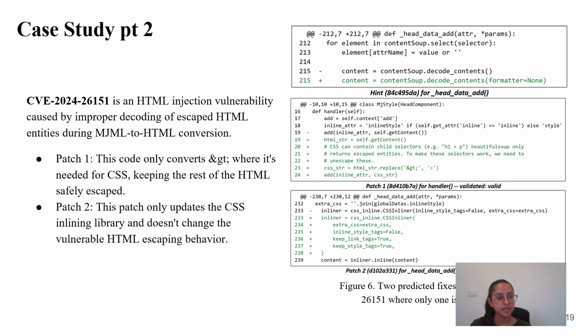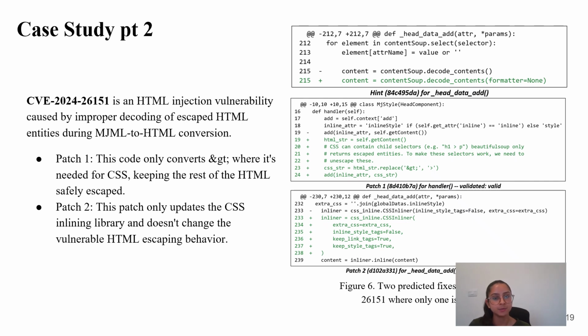Another example is this CVE, where it addresses an HTML injection vulnerability caused by improper decoding of escaped HTML entities during this conversion. Patch 1 is the only patch that actually addresses this vulnerability completely, because it adds this check and replaces any inputs that could be interpreted as potential code to prevent that HTML injection into the code.